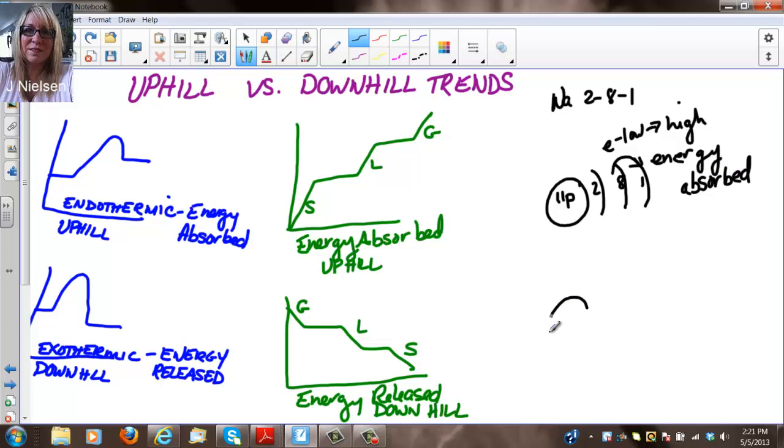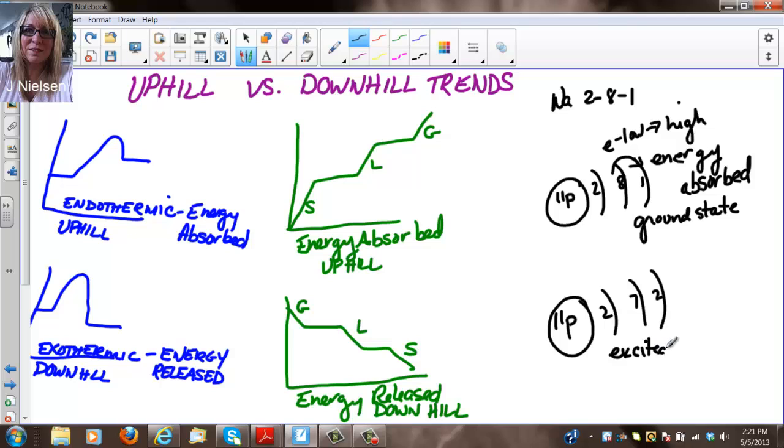When that same electron, okay, so now it's 2-7-2, okay, this is called the ground state because this is what we see on the periodic table. It's the stable configuration. This would be the excited state. An electron jumps from a lower level to a higher level, leaving a lower level partially filled.